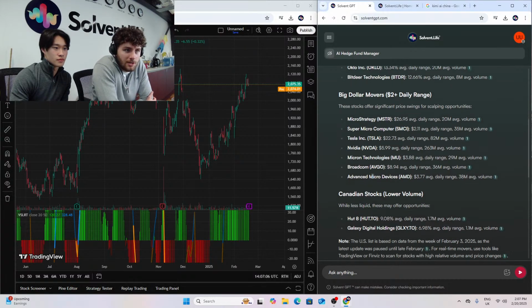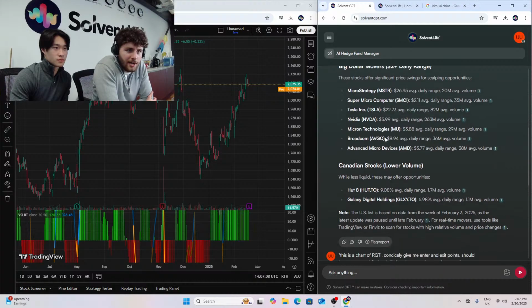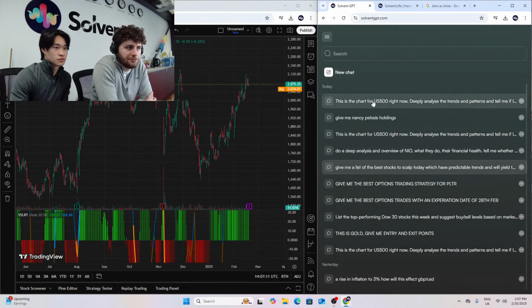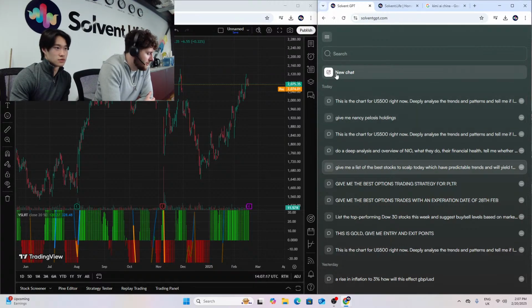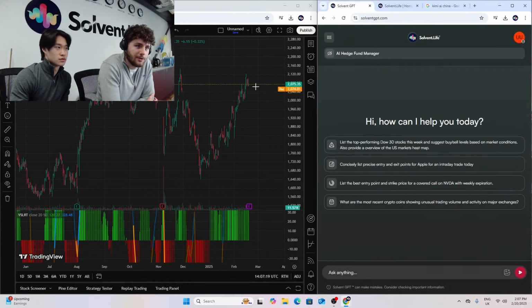MicroStrategy, $27 average daily range, 20 million average volume. Very interesting. Let's take a trade on the US 500, see what it's doing.